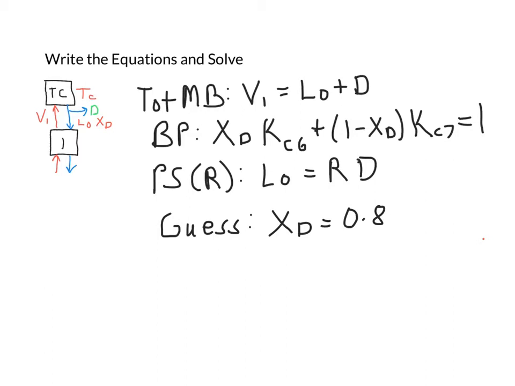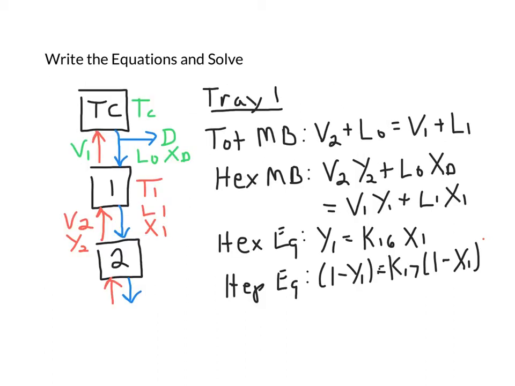We can put these equations into Solver to determine the unknowns, but it'll be more efficient if we write out these equations for each of the stages and let Solver determine the variables all at once. Now let's look at tray 1. We'll speed things along here by writing out the equations without doing the degree of freedom analysis.